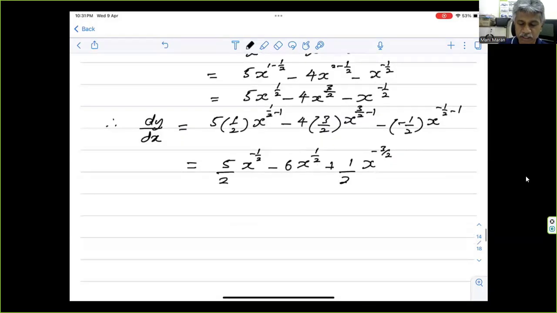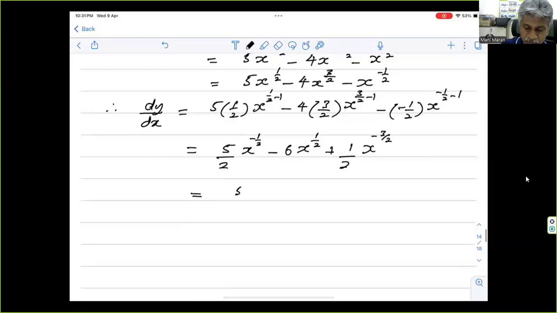Okay, so the rest is just a rearrangement. So this will give you 5 over 2 square root of x, minus 6 square root of x, plus 1 over 2 square root of x cubed.